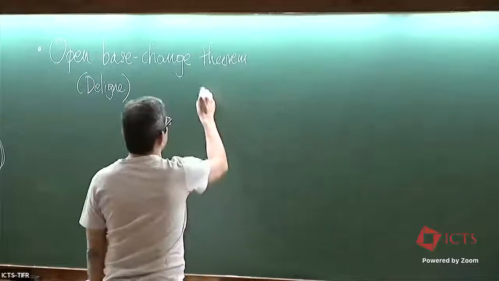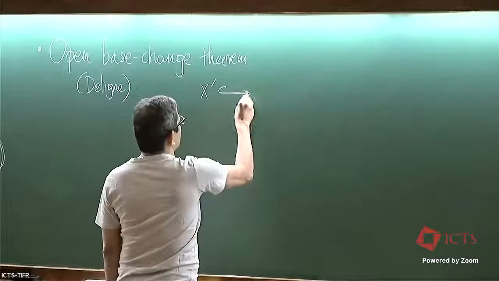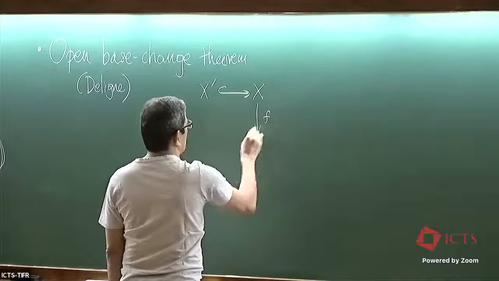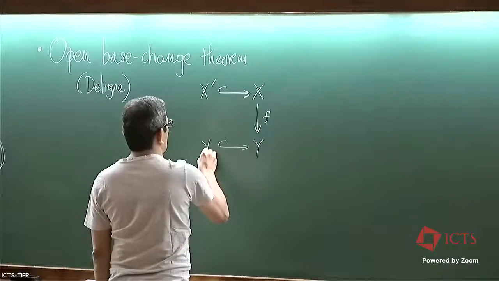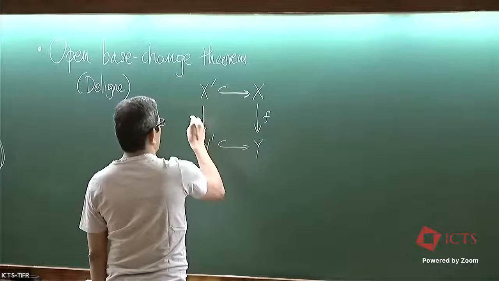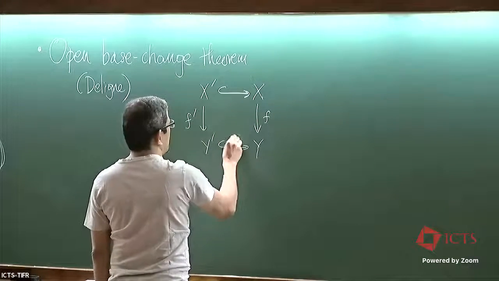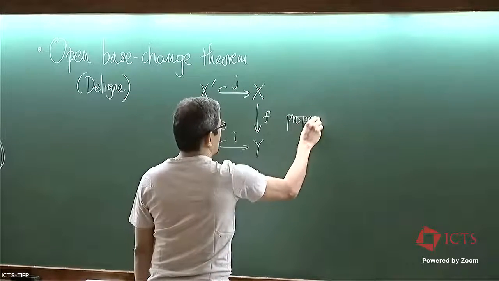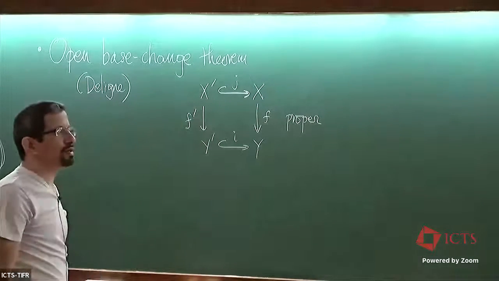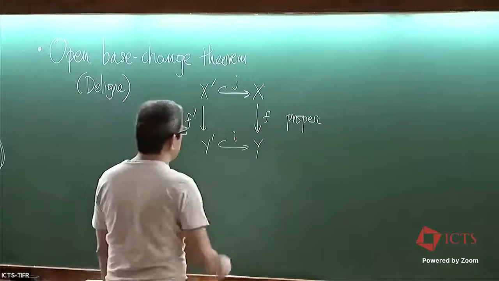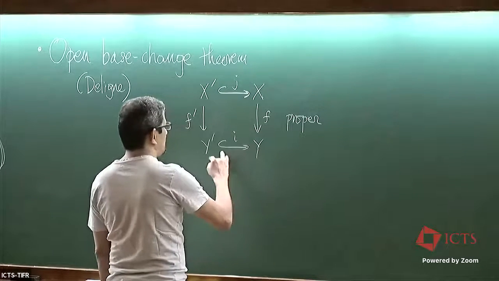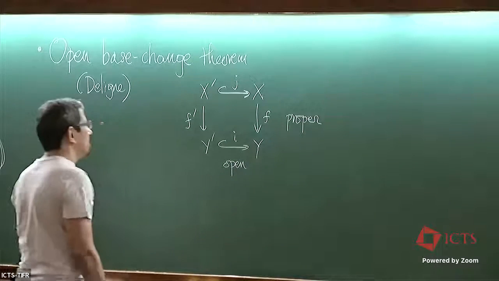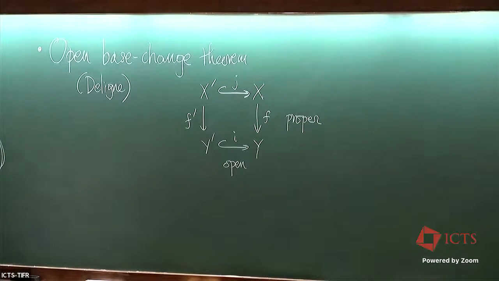It basically says that if I have, let's call this F prime, and if I have this, so this is, let's say, I forgot whether you really need proper, but certainly for proper it's there. And then this is open. So you take a fibered square like this.